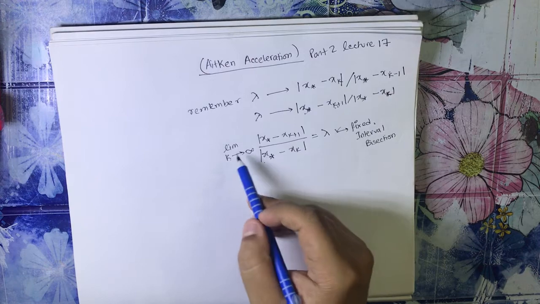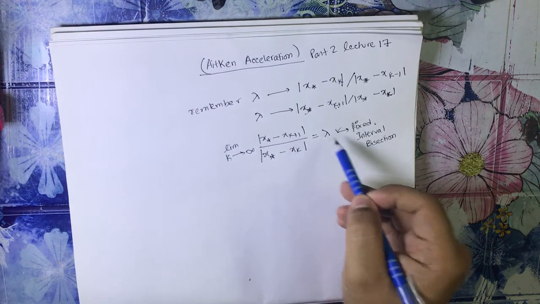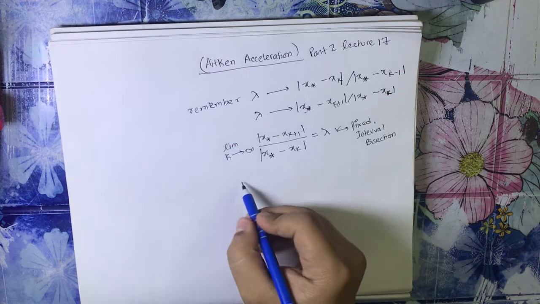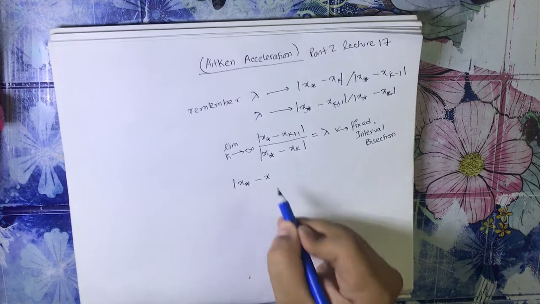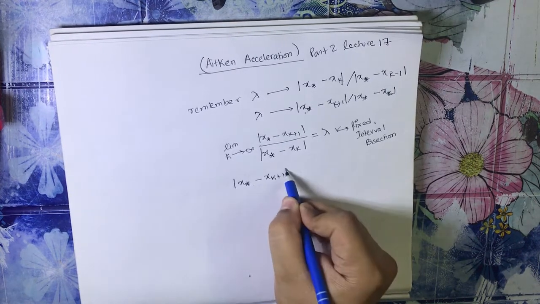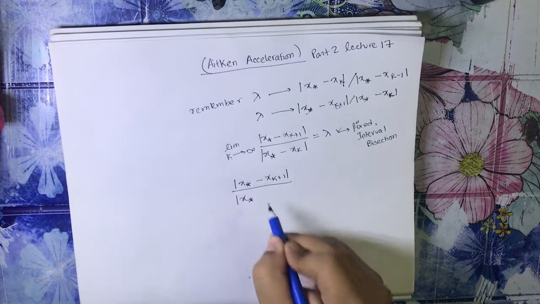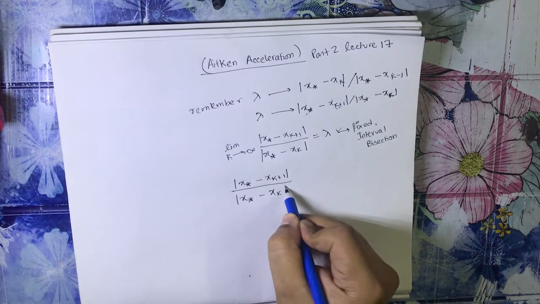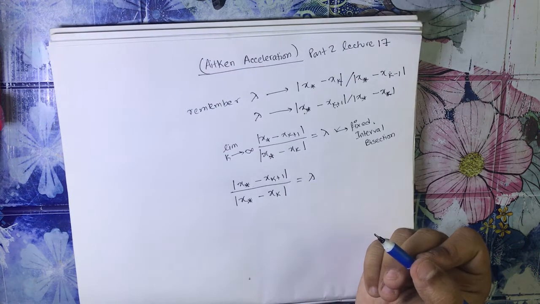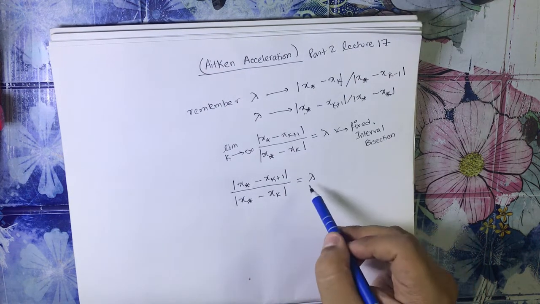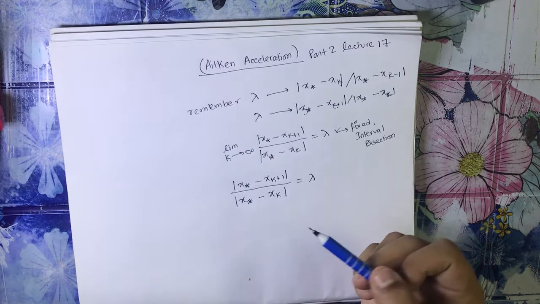So we basically don't need to take our number of iterations to infinity to find out the value of lambda. We can simply do this: the modulus of x star minus xk plus 1 divided by x star minus xk, and we'll get equals to lambda. So at every step, the value of my lambda is fixed.